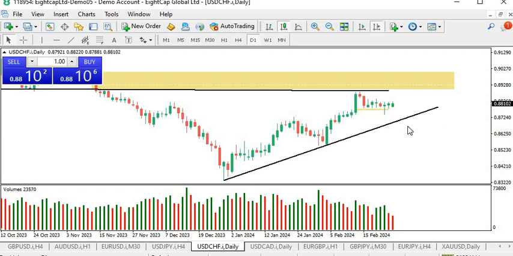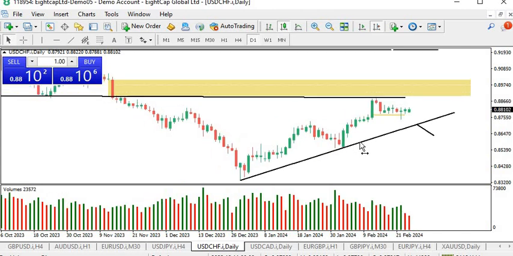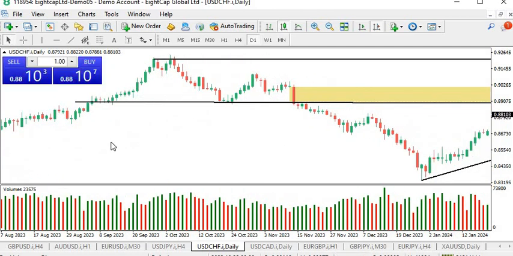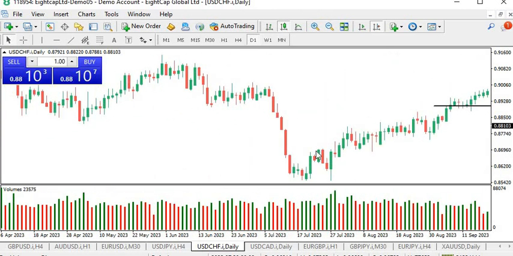We will wait for the candlestick to see if it gives us a doji candlestick, a pin bar, or an engulfing candlestick. Only then we will take entry from this point. If it hits here, only then we will trade it.